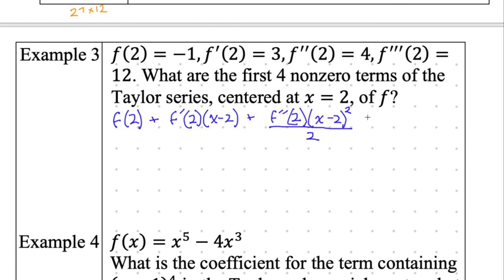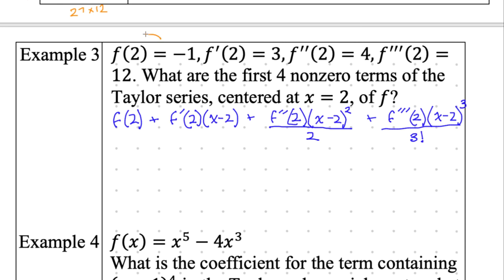And then finally the fourth term, again I did 1, 2, 3, and now the fourth term, and I'm asking for the first 4 terms, hopefully this will be the last one, is f triple prime of 2 times x minus 2 to the power of 3, all of this divided by 3 factorial. All right, time to start plugging things in.